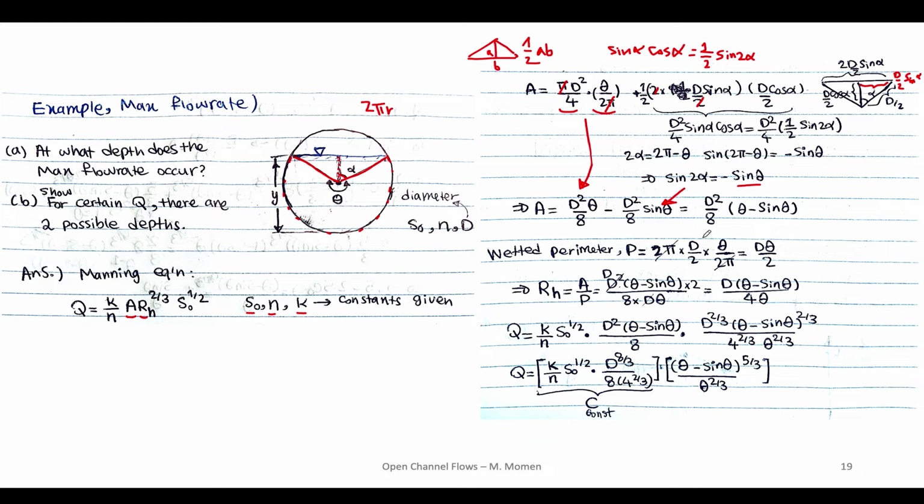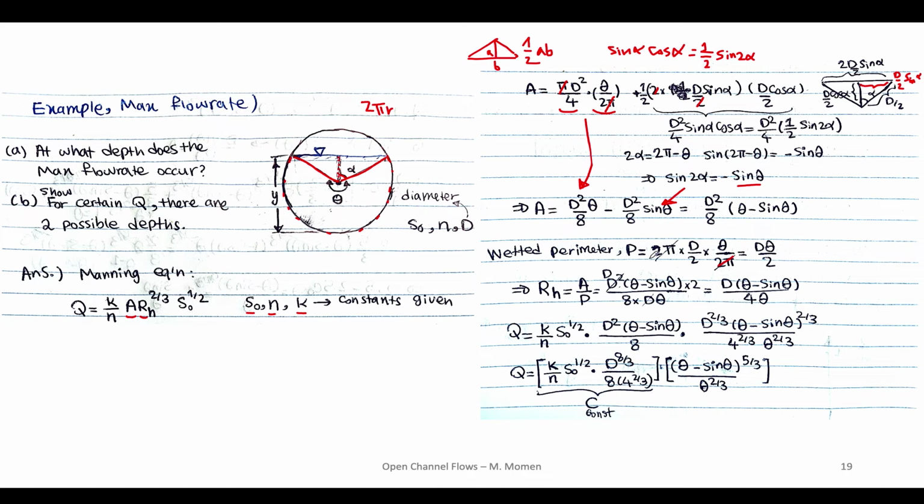And r is d half, so it's gonna be 2 pi times d half. And then we only have theta of that, it's like a slice of that, so it's gonna be times theta over 2 pi. Okay, so if theta is 2 pi, it's going to be 2 pi times d half, which is what we wanted. If theta is 0, it's going to be 0. So this is the formula for the wetted perimeter.